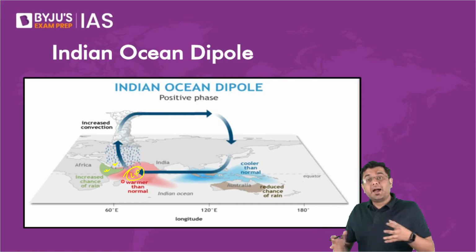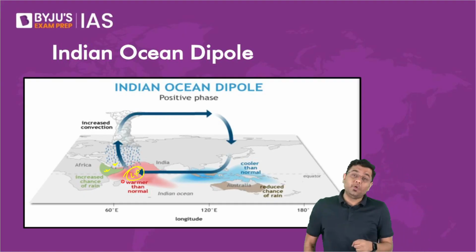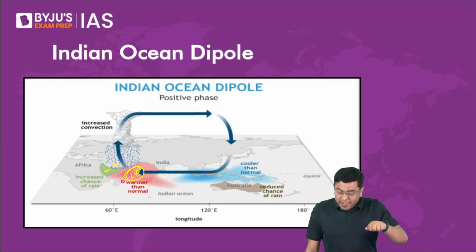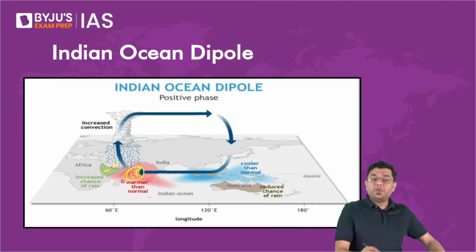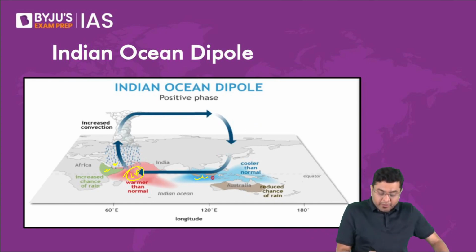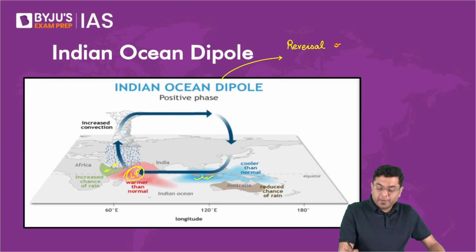So it will start attracting winds towards that low pressure, and that is where you achieve a kind of circulation. So now this is the region where you will experience upwelling. So this is the positive phase. So positive phase is the reversal of the normal or neutral IOD.